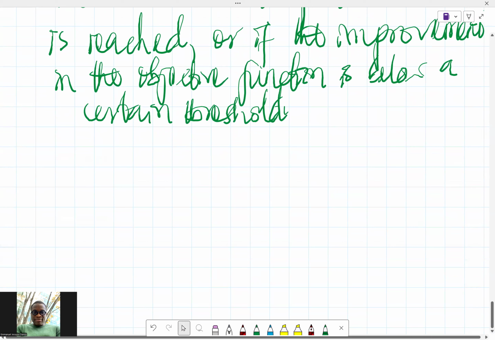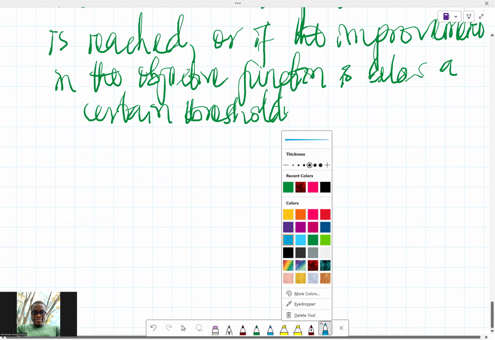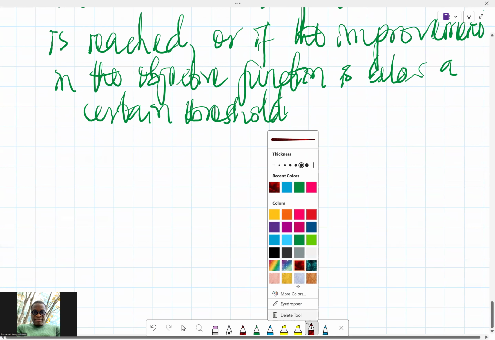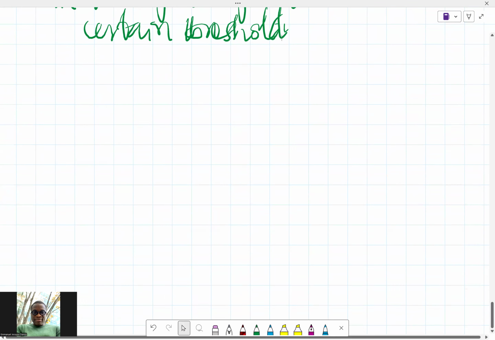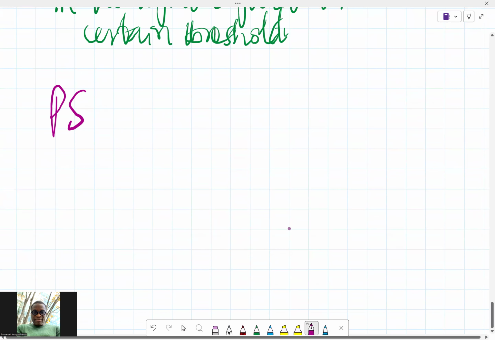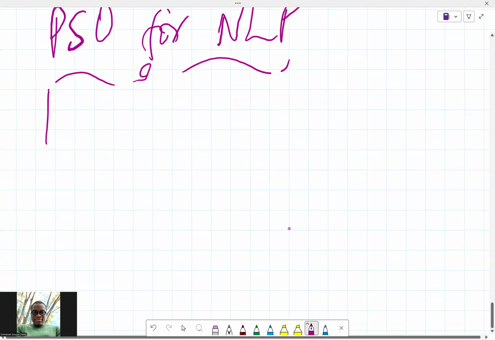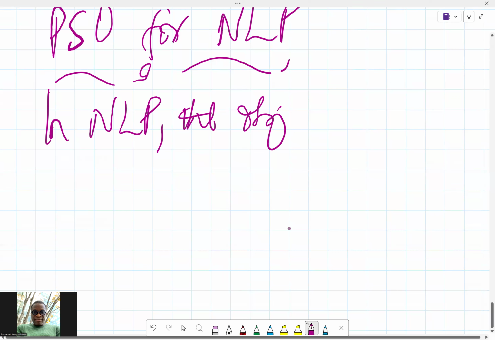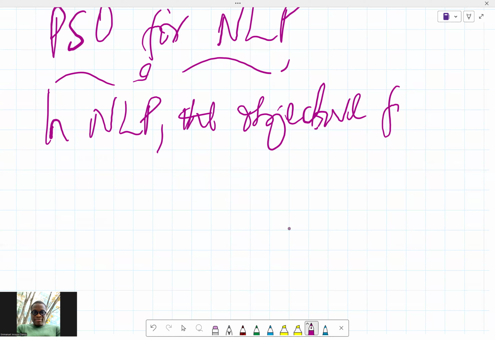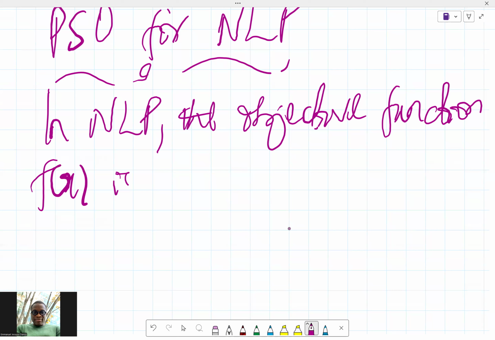Okay, so let's move a bit and talk about PSO for nonlinear programming. Particle swarm optimization for nonlinear programming. In nonlinear programming, the objective function f(x) is nonlinear. That's to be taken for granted.